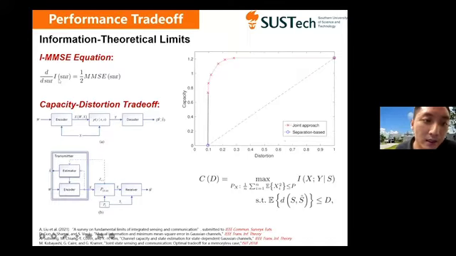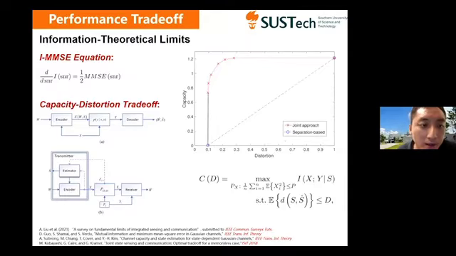On the left-hand side, we have mutual information, denoted as I, and on the right-hand side, we have the MMSE, the minimum mean squared error. They are both functions of SNR.